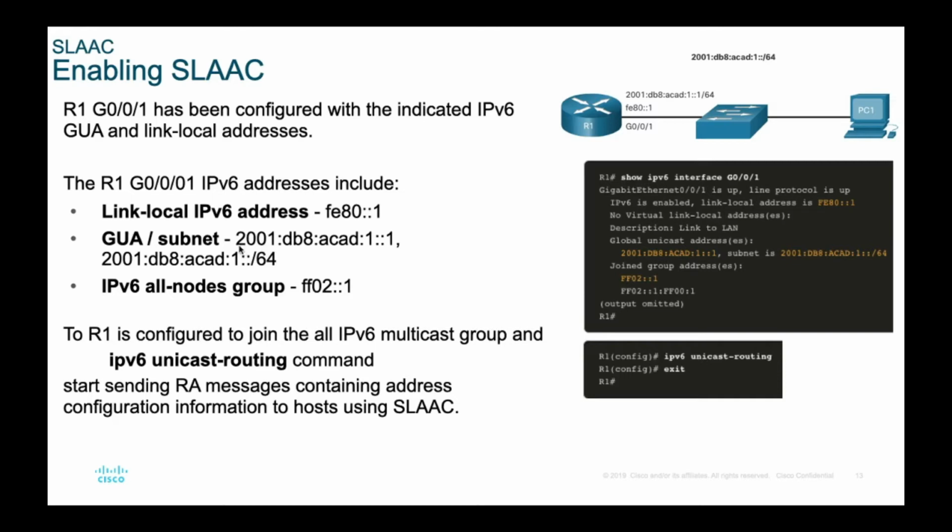Okay, for IPv6, you see 2001:DB8:ACAD:1, and you can see /64. This is the network ID, which means the first 4 segments are for the network, and the last 64 bits, or another 4 segments, are the unique host ID.